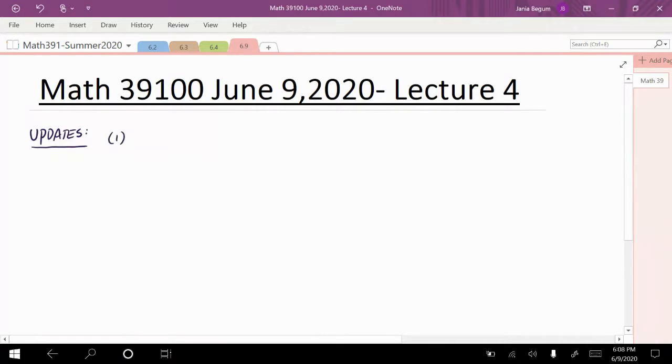So one, web work. So start with 2.6, 2.3, and so on. These are due this weekend, so you can start whenever you're able to. So maybe tomorrow, maybe tonight, whenever you're able to start working on them.